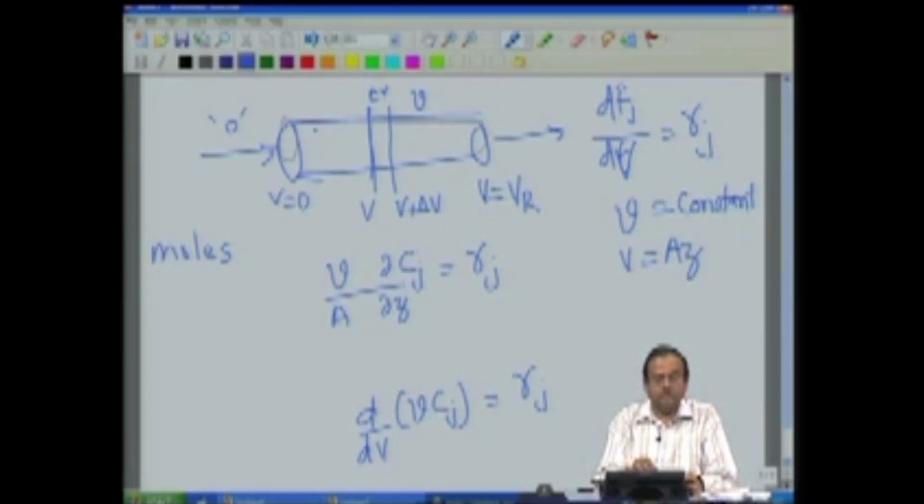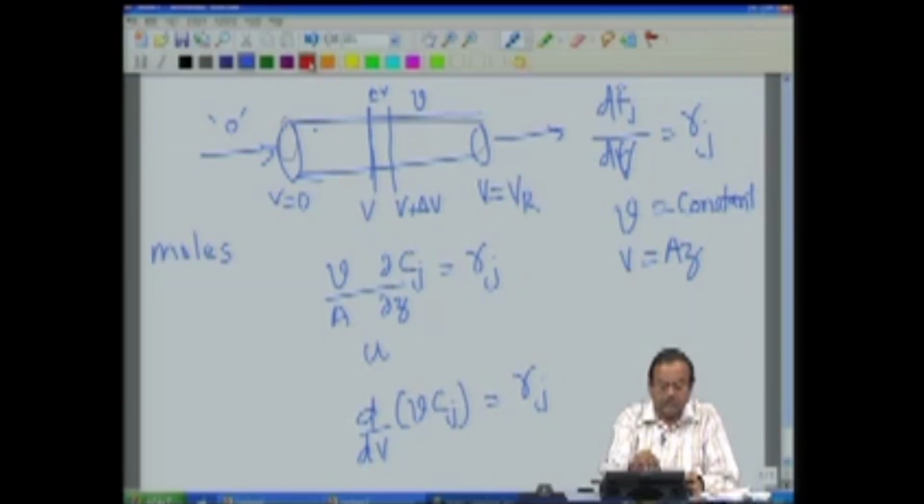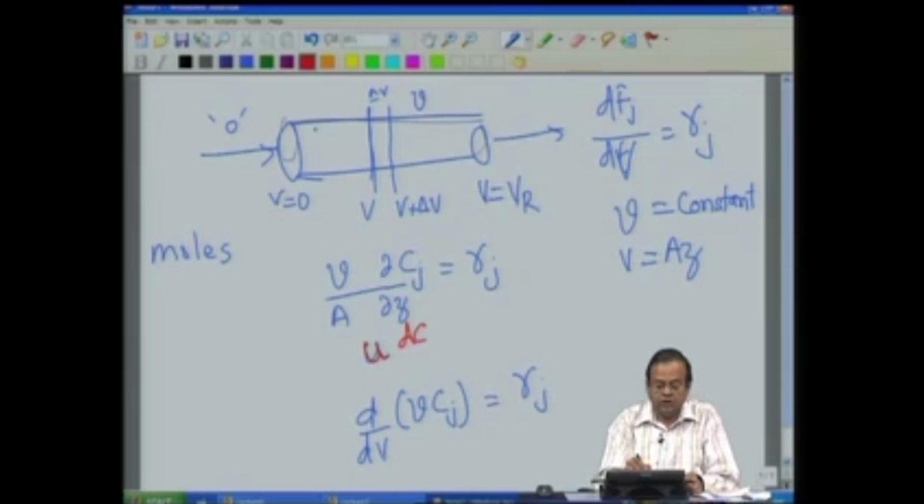What is V over A? It is the volumetric flow rate divided by the cross section area. So, that is nothing but the velocity, the superficial velocity of the fluid in the reactor, and in that case we get our mass balance equation, which simplifies to U dC/dZ equal to Rj.